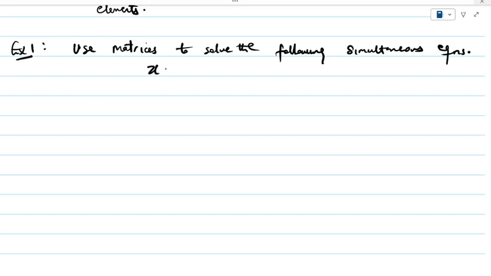We have x plus y plus z minus 4 equals to 0. Equation 1.